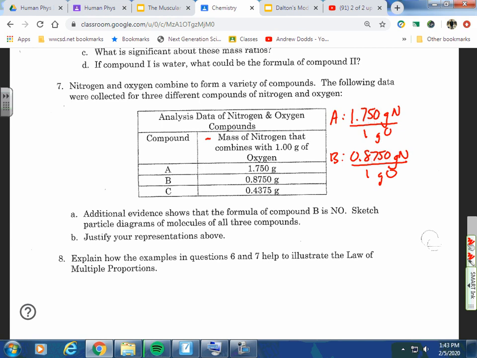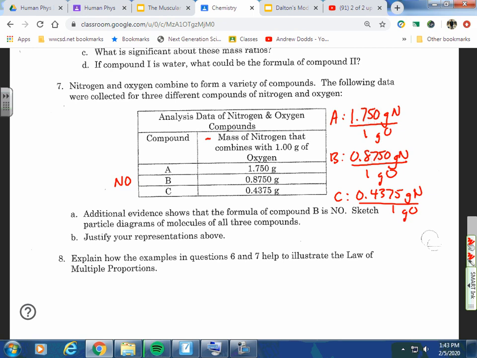This is important to this law of multiple proportions. C, 0.4375 grams of nitrogen per 1 gram of oxygen. 7A says additional evidence shows that the formula of compound B is NO, meaning 1 nitrogen and 1 oxygen. So now if we're doing law of multiple proportions, we want to compare these different mass ratios.